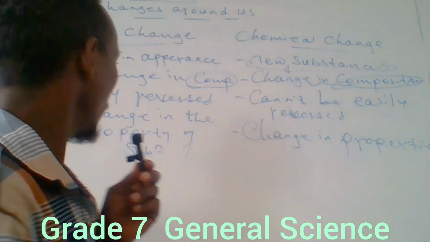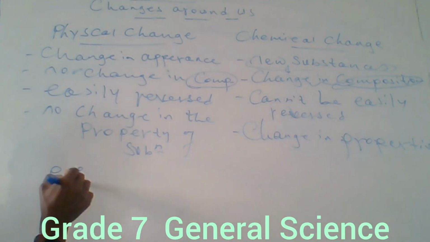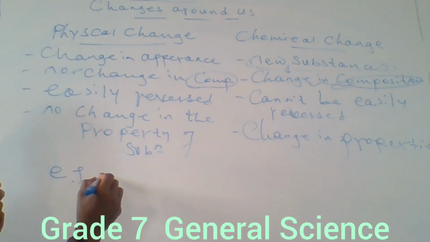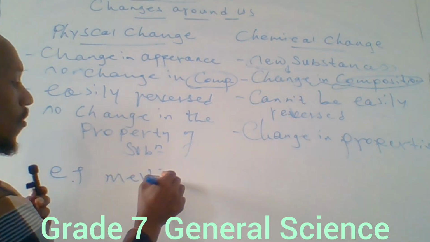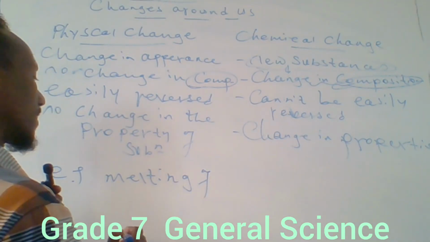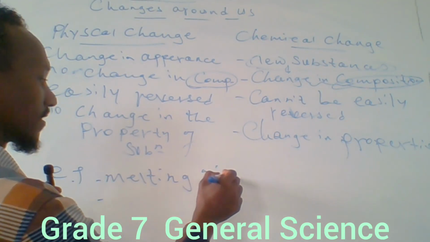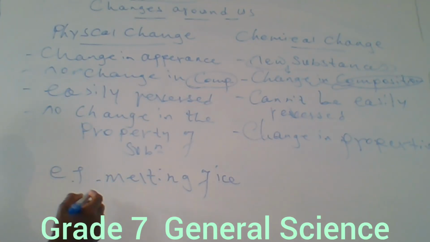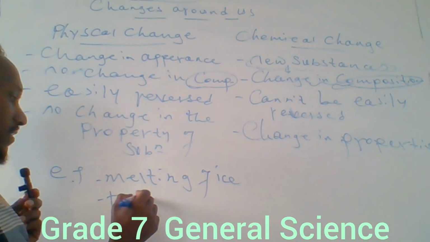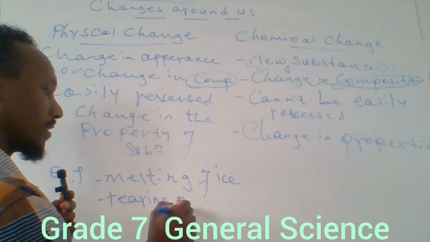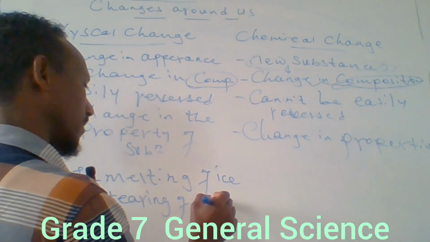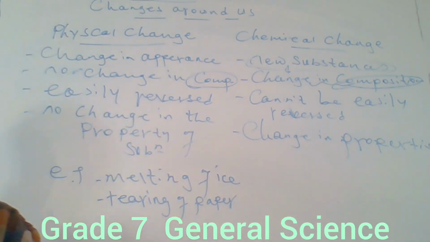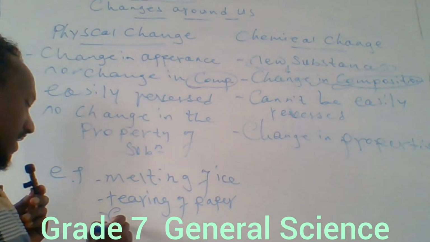When it comes to examples of physical change: melting of ice is a common example. Tearing of paper is a physical change.